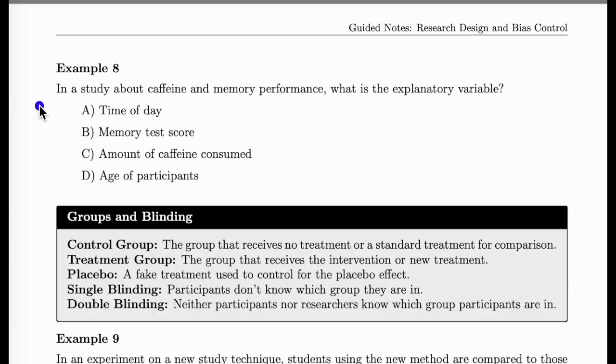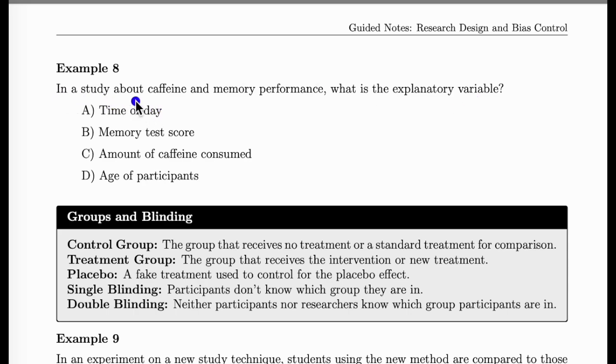Example 8, in a study about caffeine and memory performance, what is the explanatory variable? The explanatory variable is the variable that we change or manipulate to see if we get a response. So what are we changing to see if something else changes, the response variable changes?